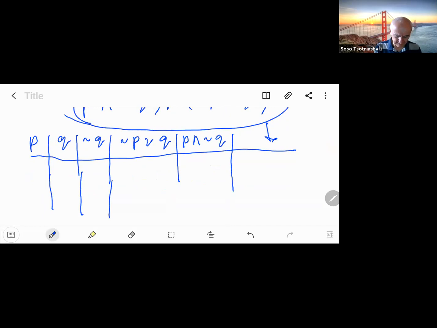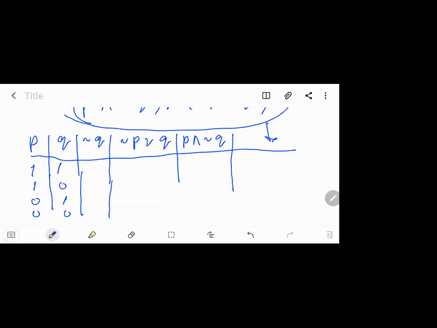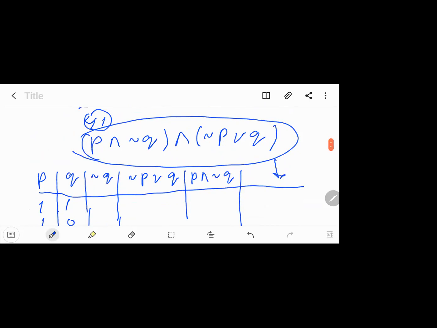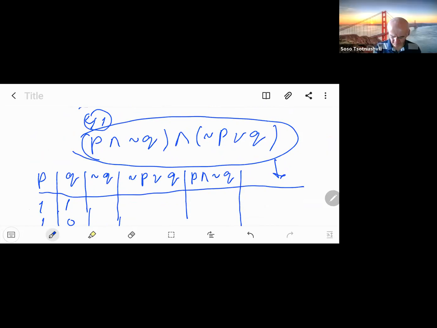Now let's assign values 1, 1, 0, 0, and 1, 0, 1, 0. We also need not P. Not P or Q, P and not Q.